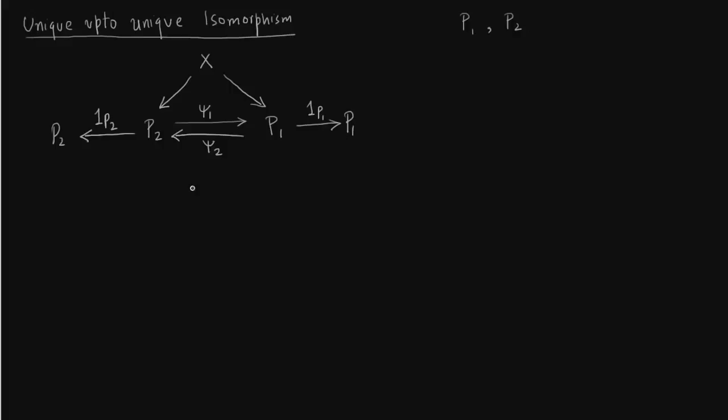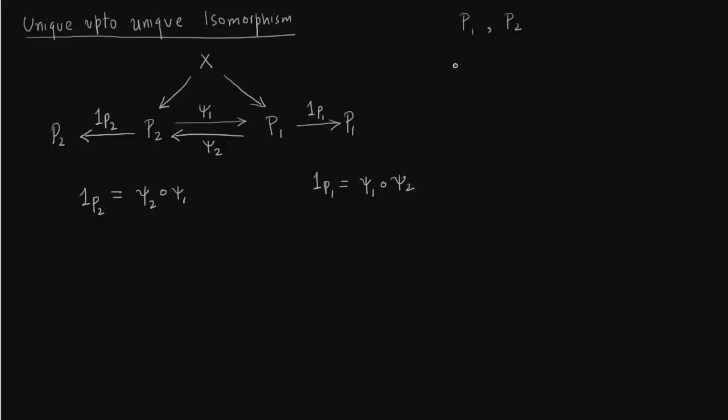But we have seen that morphisms to terminal objects are unique, because we have shown on the previous slide that Hom(X, P) is equivalent to a point. That means there is a single map. So 1_P2 has to equal any other map which takes P2 to P2. So if you first apply phi1 and then phi2, you end up at P2, and that has to be equal to 1_P2 by the definition of being a terminal object. Similarly for 1_P1, you first apply phi2 and then phi1, you get to P1.